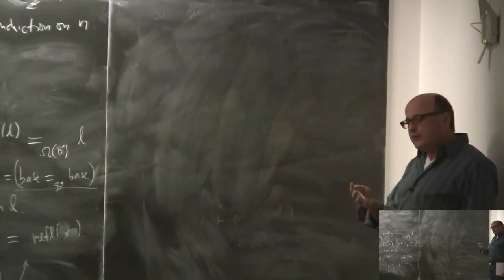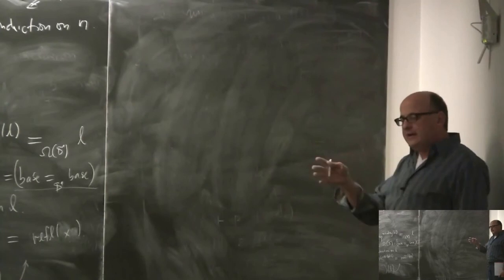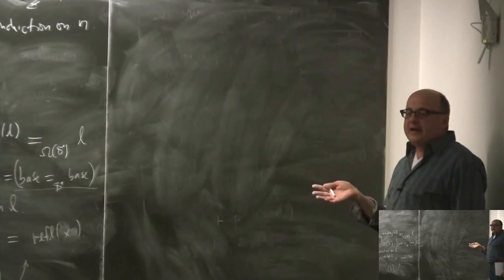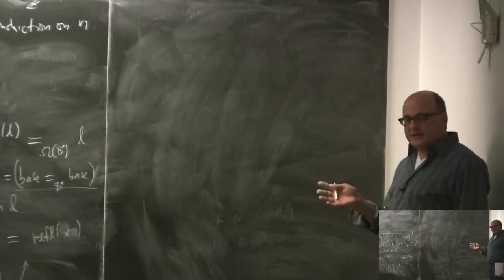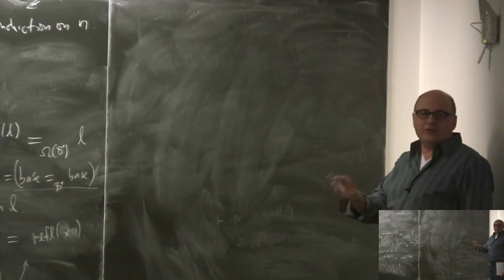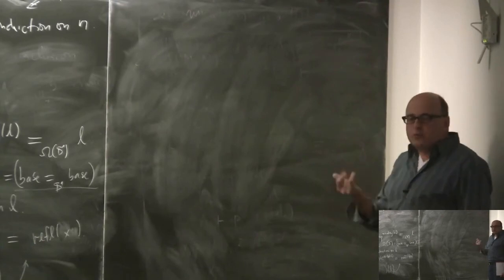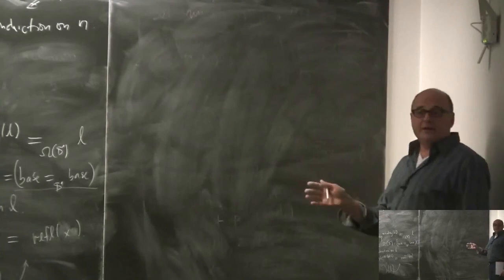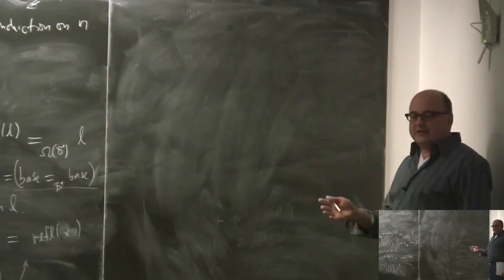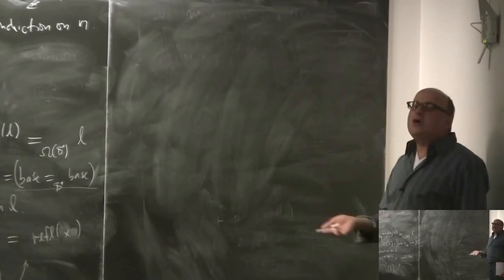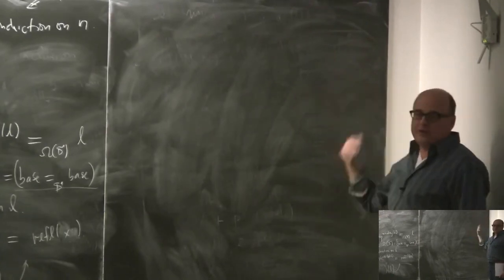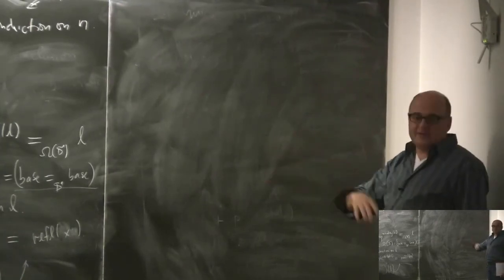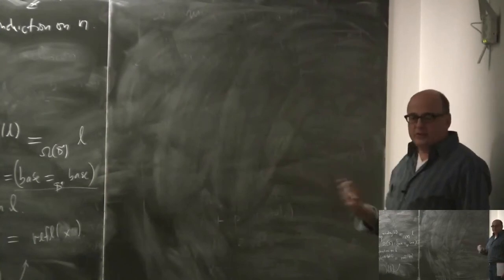If you have id, inl of m, inr of n, and you want to say something about all such paths, it's not immediately obvious you can do a path induction there, because the endpoints are not completely free. You're saying, oh no, only those for which they're inl of m and inl of n. That's the thing you're interested in, but to apply induction you have to consider all paths. So that's what we did before, and we defined a family, and it basically amounted to the fact that we could define an inverse definitionally for the inl, and we could make the whole thing work.